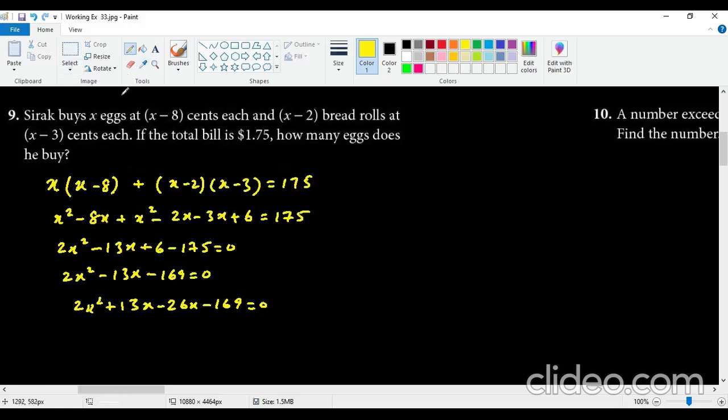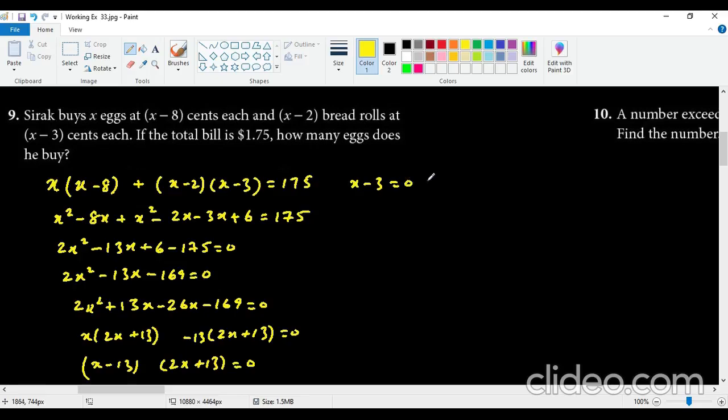What I can do is I will take just x common, and 2x will be in the bracket plus 13x, and 2x plus 13 in the other bracket, and minus 13, so x minus 13 in one bracket, and x is going to be 2x plus 13 in another bracket. x minus 3 will be equal to 0, and 2x plus 13 is going to be in another bracket.